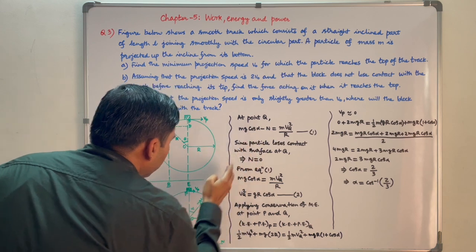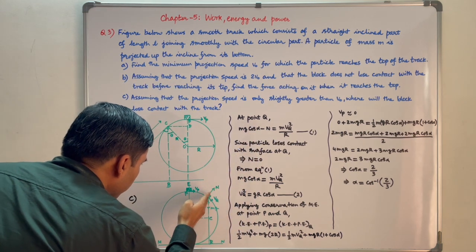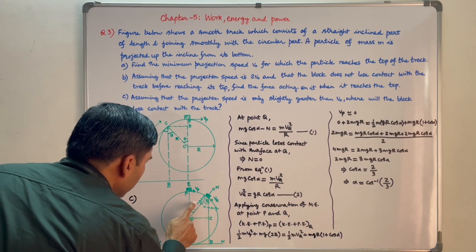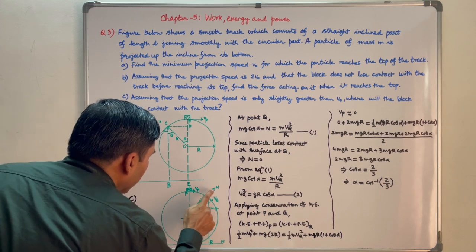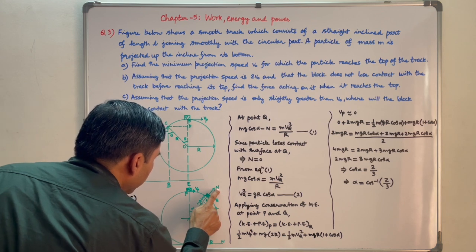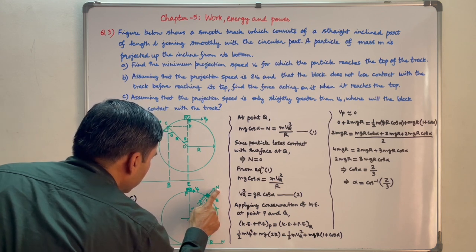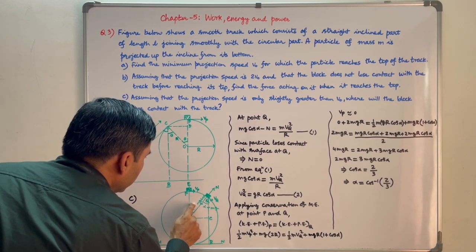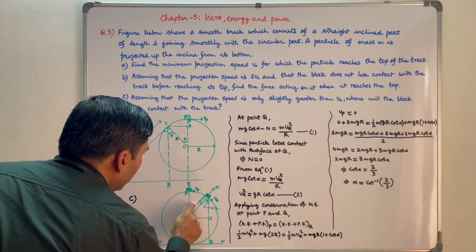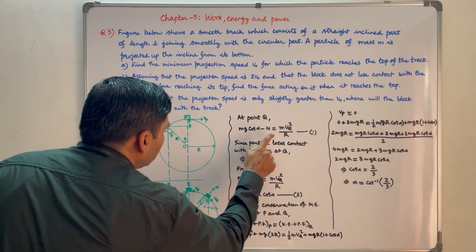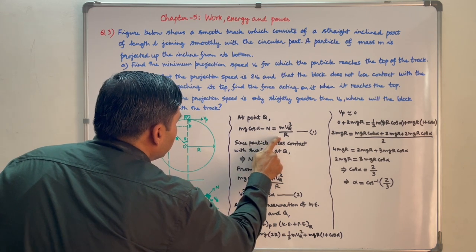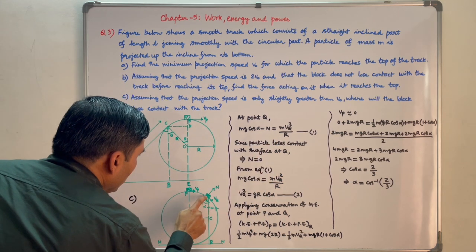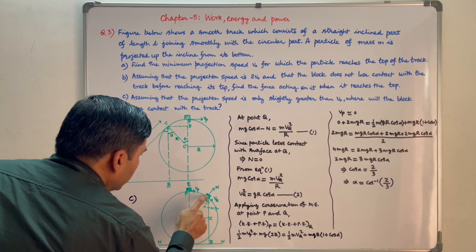At point Q, the net force will work towards the center, and that is the component of weight towards the center, that is mg cos alpha minus N. N is the normal reaction applied by the surface that will work radially outwards. So the net force towards the center will be mg cos alpha minus N, and that is equal to the centripetal force, that is mvq square upon R. At point Q, the particle loses contact with the surface.